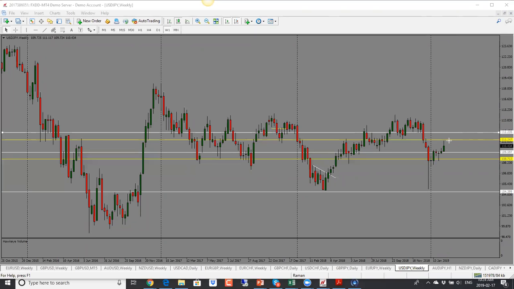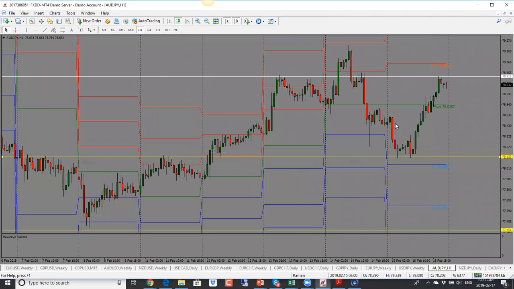So I will look for a push into the high. If it holds below the resistance, then we're looking for a drop. If it goes through, then I will look for the next level here, 112.20 level. So again, they are all over the place right now, most of these pairs. So we just have to look at a smaller time frame when price gets to those levels. Let's go into other ones here, Aussie yen.